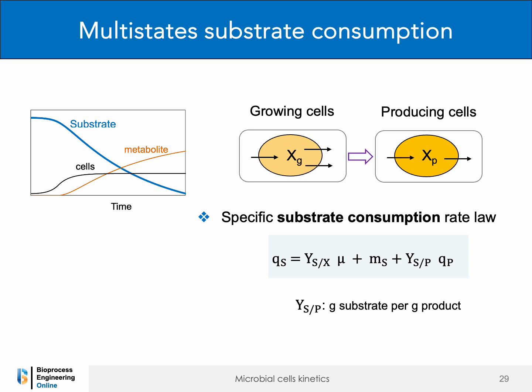QS equals Ys over X, mu, plus MS, plus Ys over X, QP. In this model, the substrate consumption rate of growing cells includes both growth-associated and maintenance terms, while the substrate consumption rate of producing cells is proportional to their specific product formation rate, QP, with Ys over P, the stoichiometric coefficient, expressed in grams of substrate consumed per gram of product.